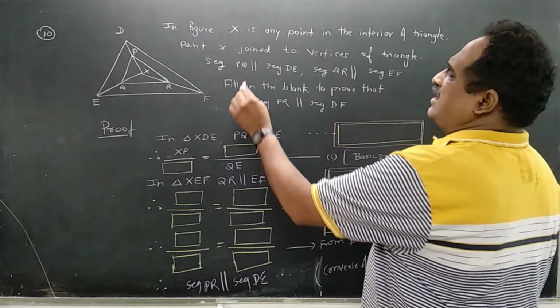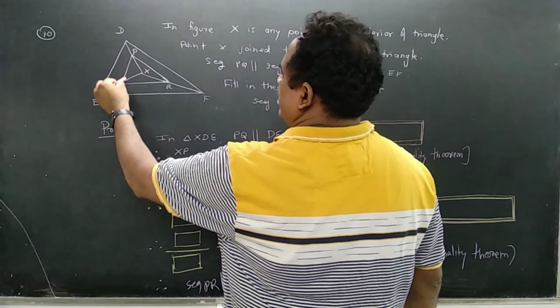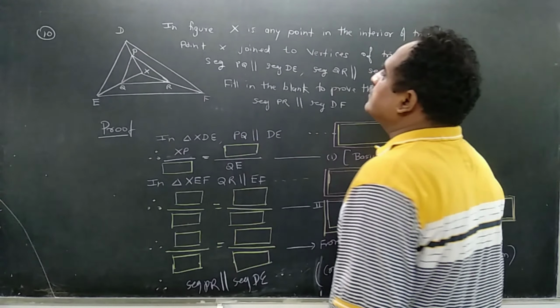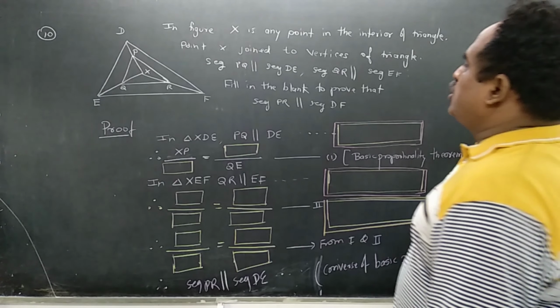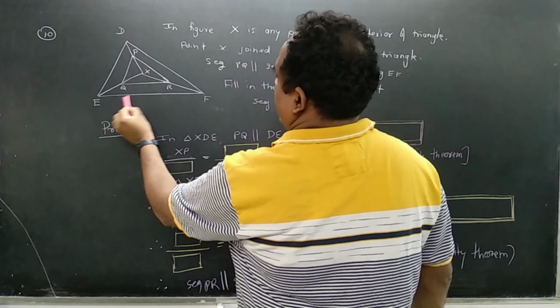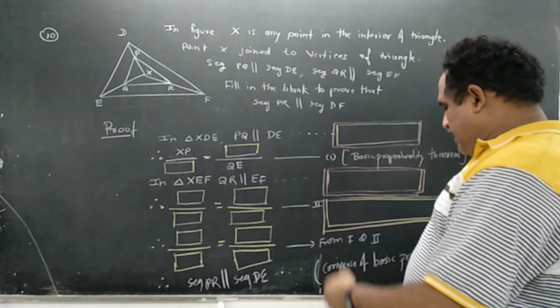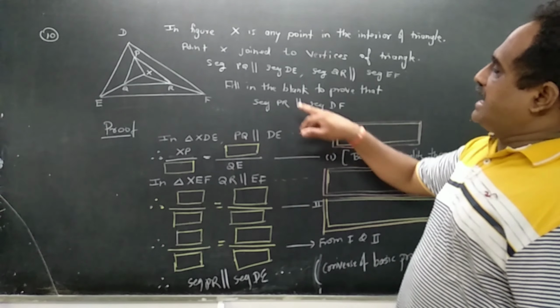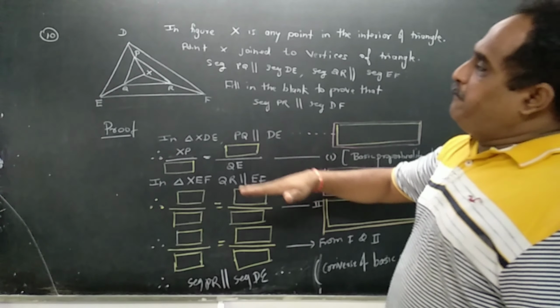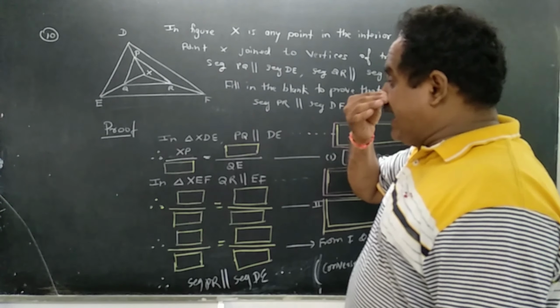In that they have given PQ parallel to DE, and QR parallel to EF. And we are going to fill the blanks, means we are going to complete the activity to prove that PR is parallel to DF.